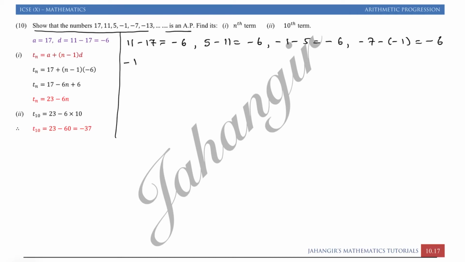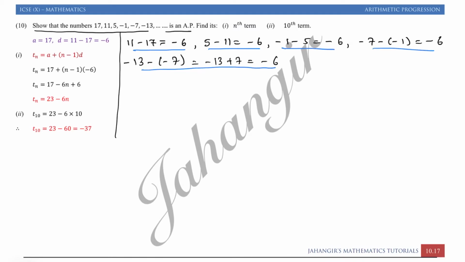And last, minus 13 minus of minus 7, that is minus 13 plus 7, which is equal to minus 6. If you will see, in every case we have the answer as minus 6: the first case, second, third, fourth and fifth case.